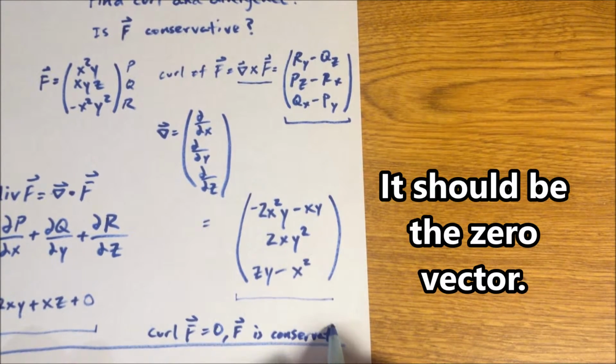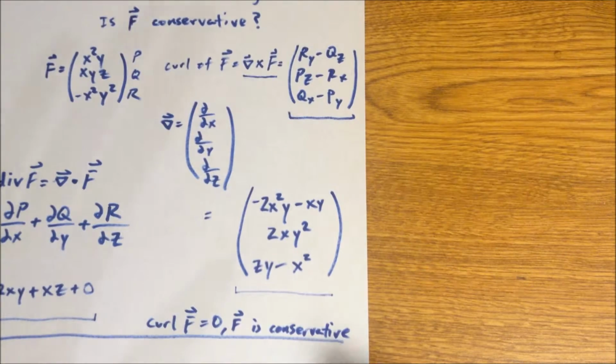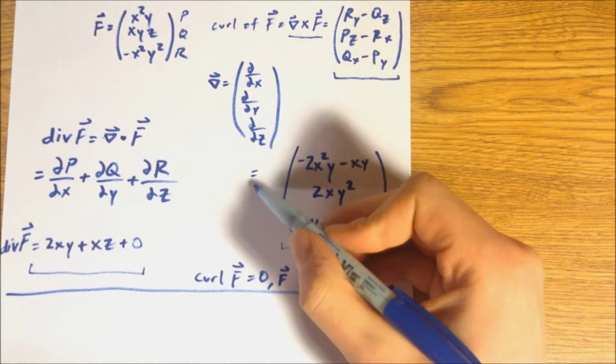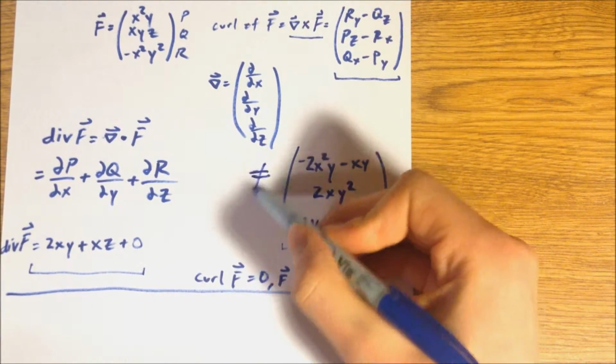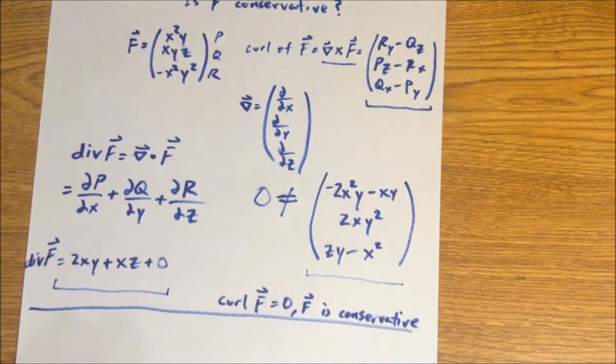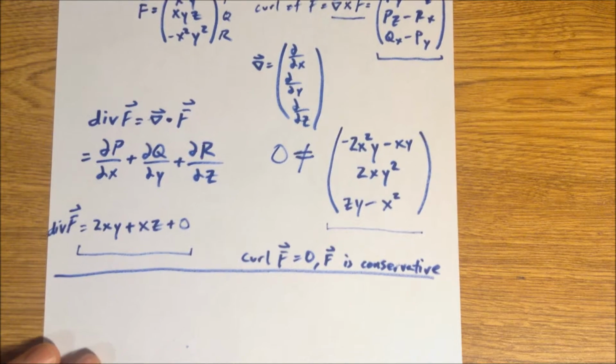This is a fact. There's probably a rigorous proof out there somewhere, but just remember that. And since ours is clearly not equal to 0, our vector field is not conservative.